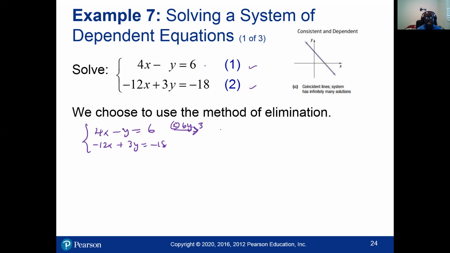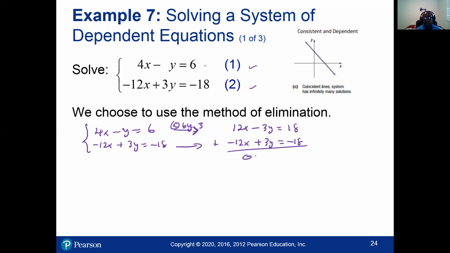That gives me 12x minus 3y equal to 18, and then I have minus 12x plus 3y equal to -18. So we add them.